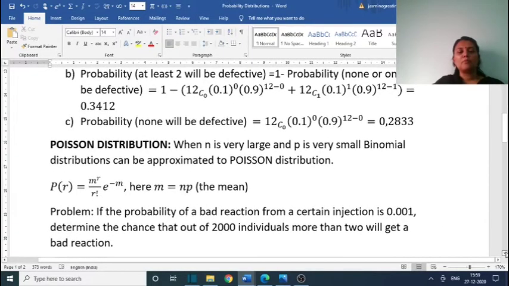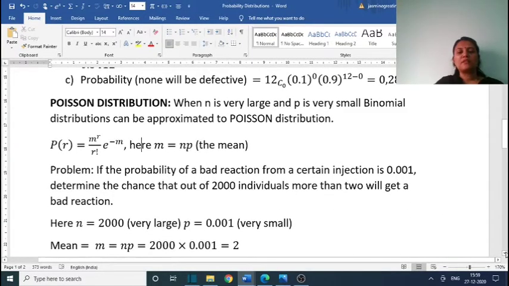So we have one problem. If the probability of a bad reaction from a certain injection is 0.001, determine the chance that out of 2000 individuals, more than 2 will get a bad reaction. So we have n equal to 2000, which is very large, and p equal to 0.001, which is very small.